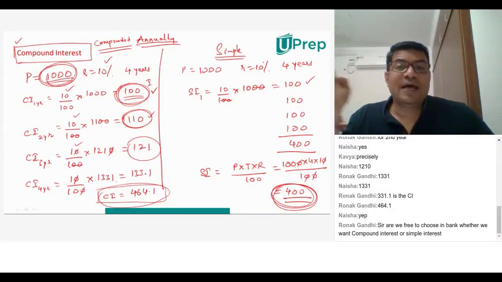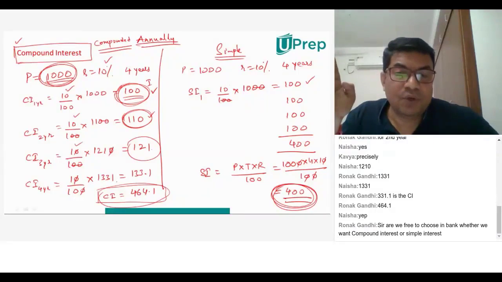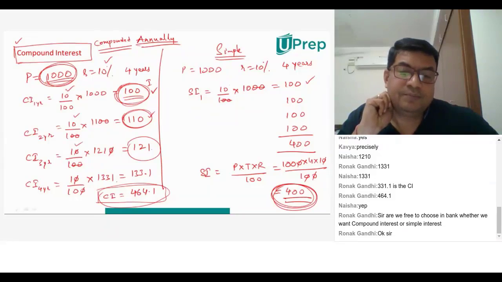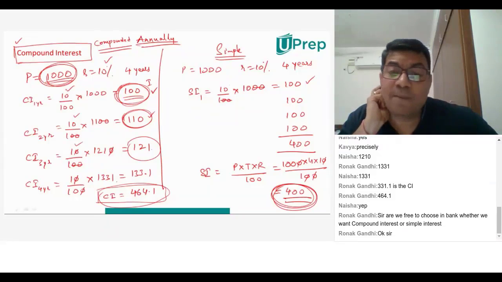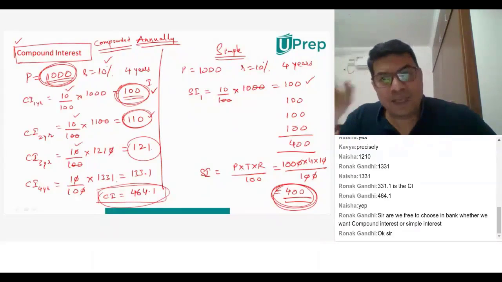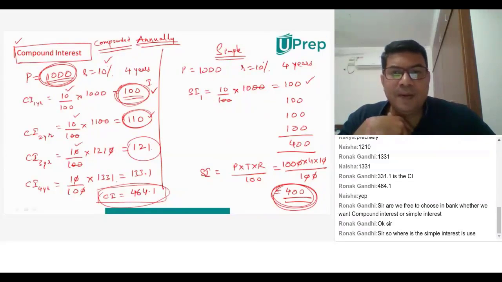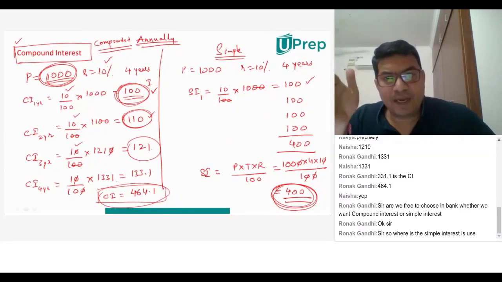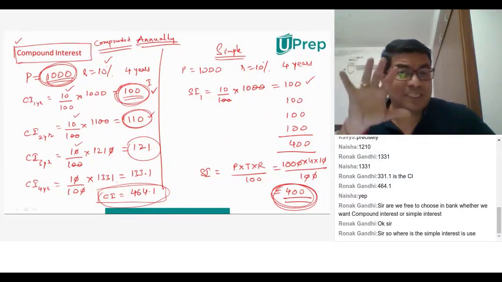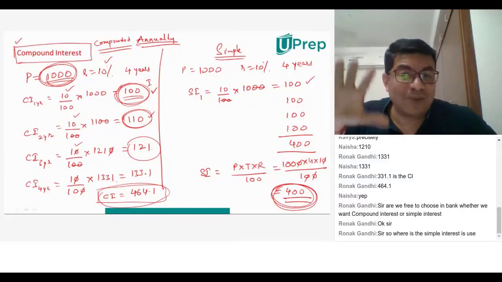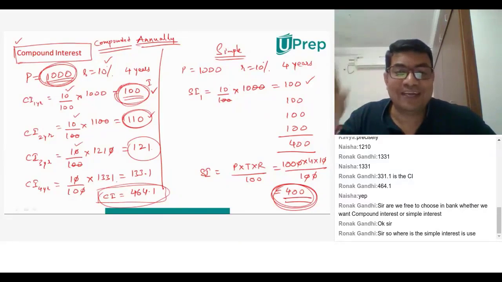So at every point in time, it's always compounded. In banks, they compound monthly. There are banks who compound on a daily basis also, but you don't take loans like that. Most of the banks, for a common man, the way the banking system works in India, it's monthly compounding. But when you pay EMIs, you pay principal as well as interest. So that's a different game altogether. Don't worry, you learn that when you go to higher standards. For now, you don't need that.